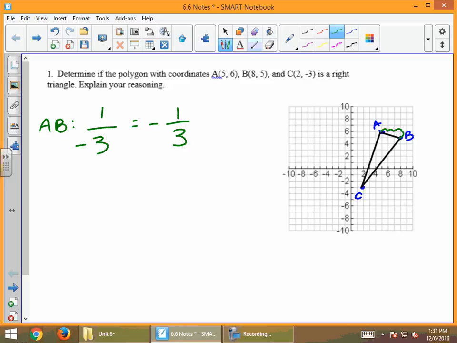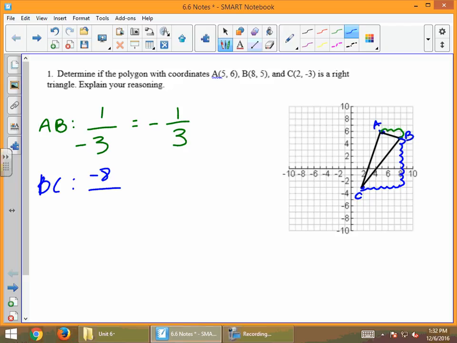Okay. So, what did we get for the slope of BC? How far did you count down? 1, 2, 3, 4, 5, 6, 7, 8. Yeah, we went down 8, so the 8 is going to be negative. How far did we count over? 6.